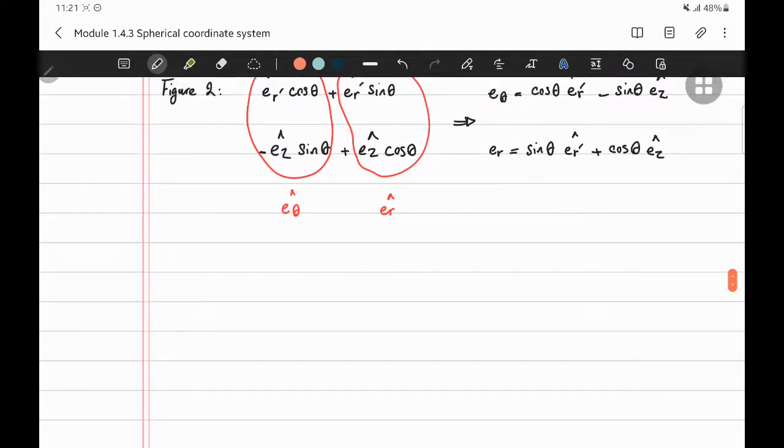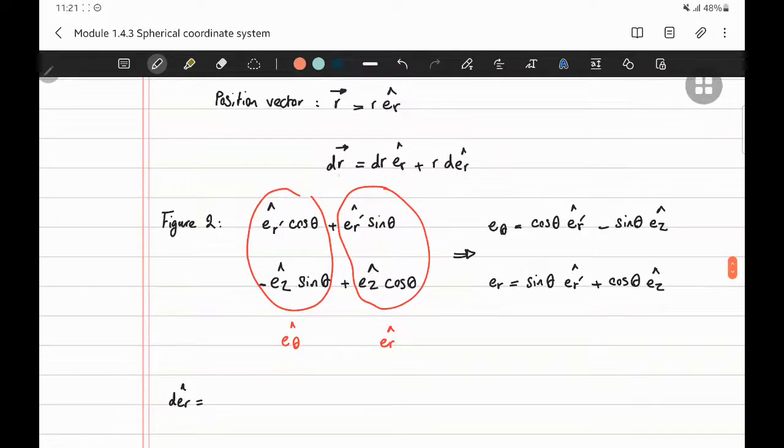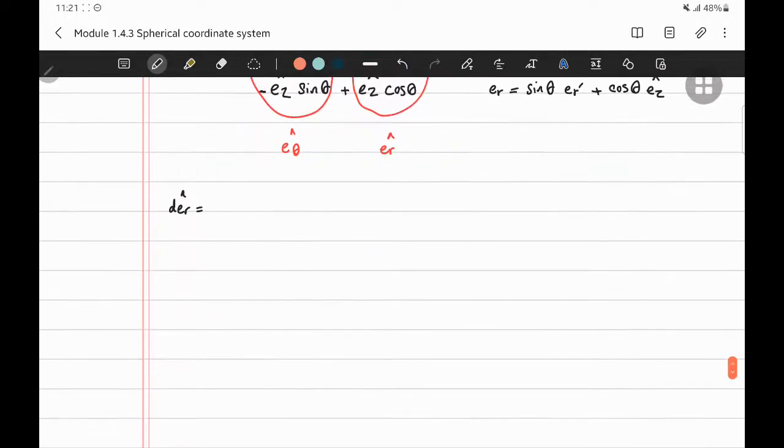So now I can calculate der, which is required for this expression here to calculate dr.